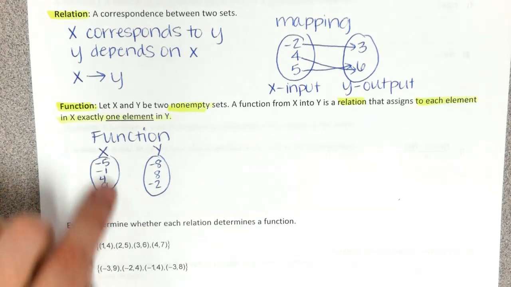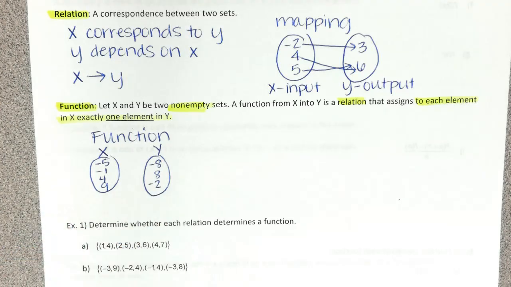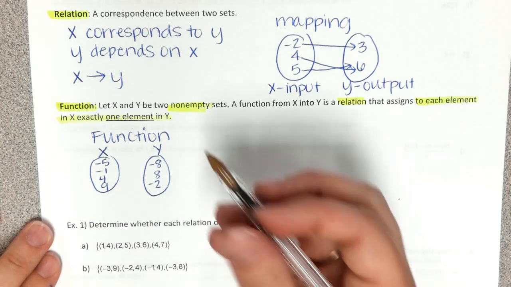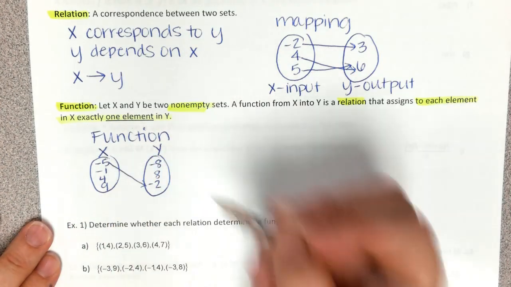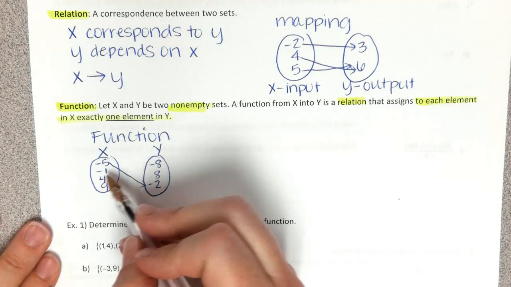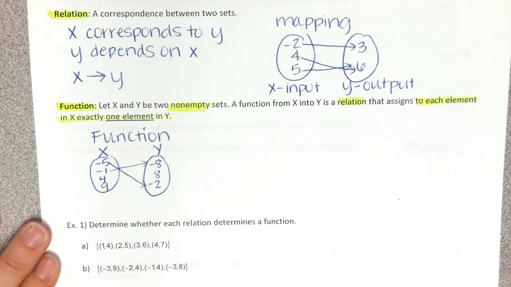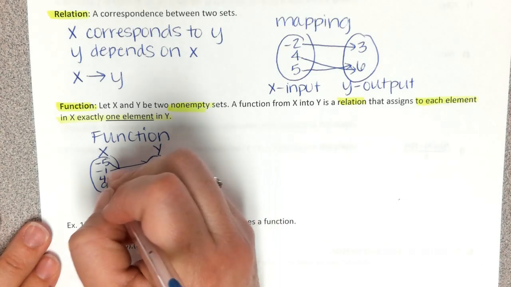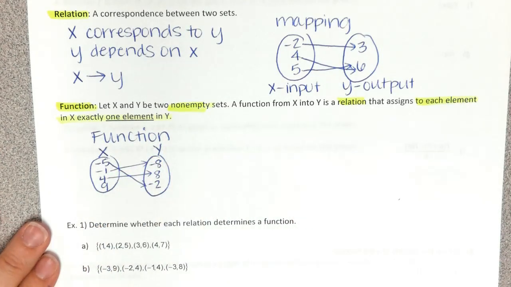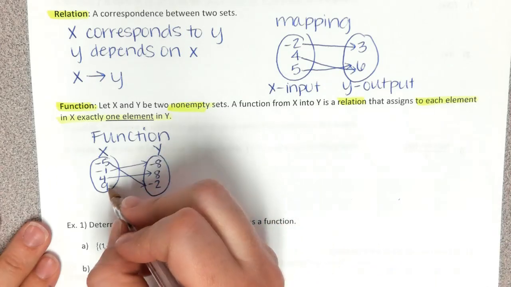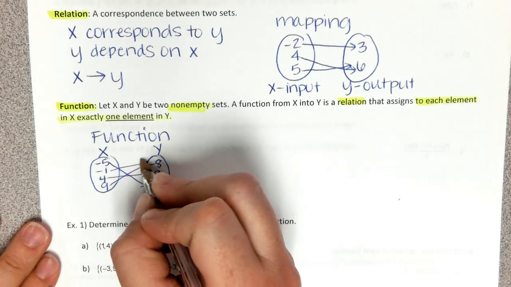So we're going to map elements from x onto elements on y. Let's say that -5 maps to -2. -1 is going to map to -8. 4 is going to map to 8. And 9 is going to map to -8.